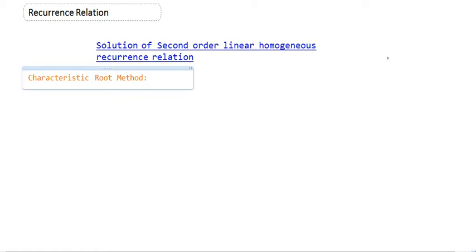So let's start. First of all, let me recall what second order linear homogeneous recurrence relations are.